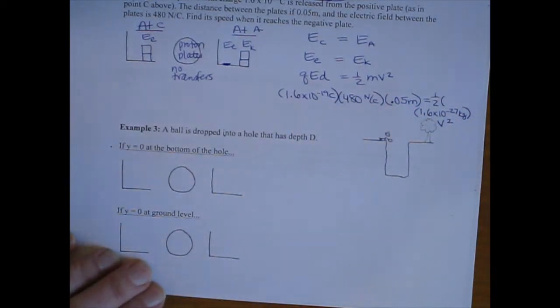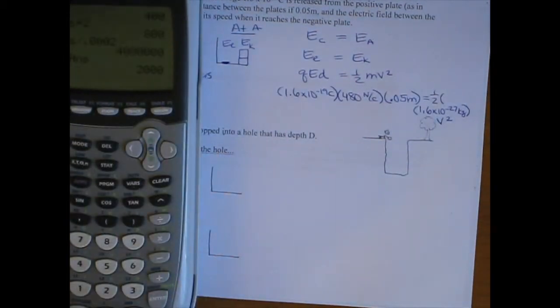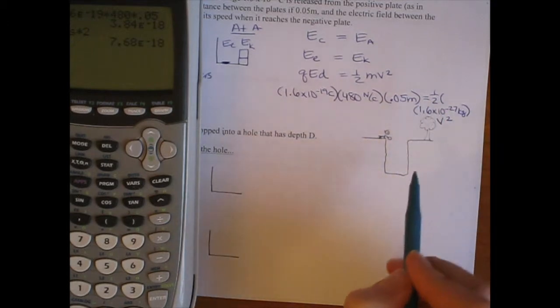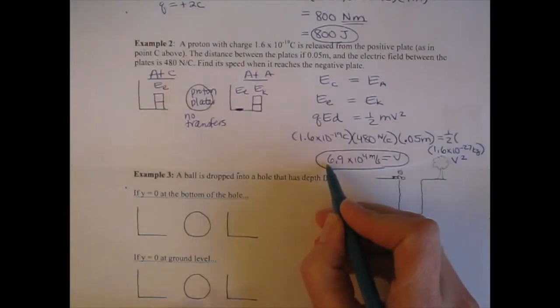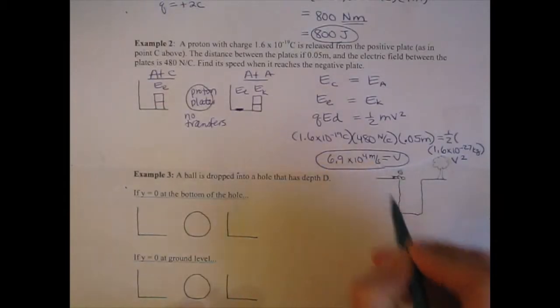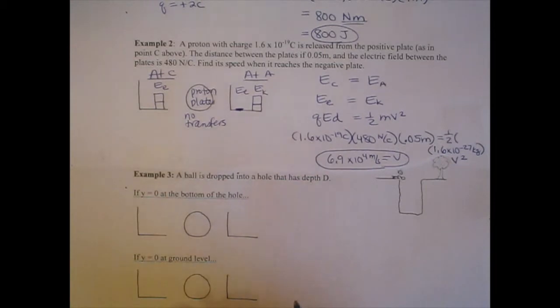So now calculating that: 1.6 times 10 to the negative 19 times 480 times 0.05 times 2, because I need to multiply both sides by 2, and divided by 1.6 times 10 to the negative 27. And then I need to take the square root of that. So we get 6.9 times 10 to the 4 meters per second for the speed.